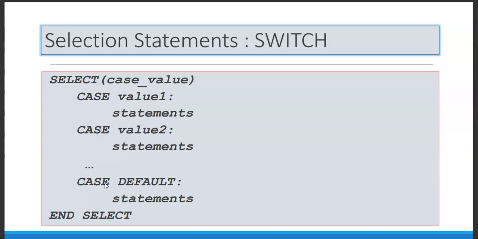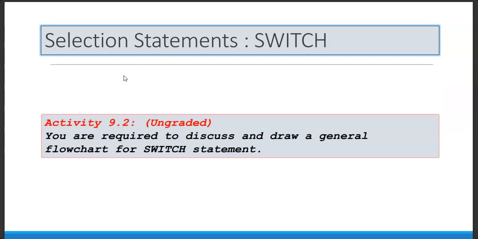So the default case here can be considered as the else part of the if statement. So this will only be executed if all these cases have failed to match the case value. So that's a switch statement. You are also required to come up with a flowchart for a switch statement.